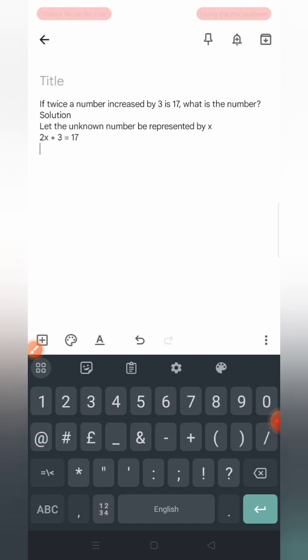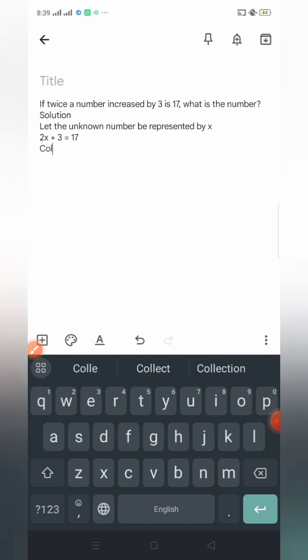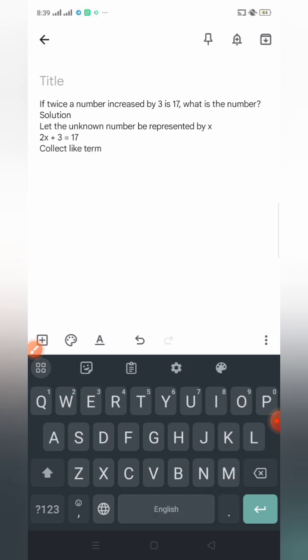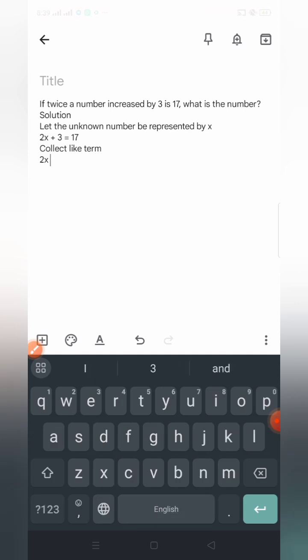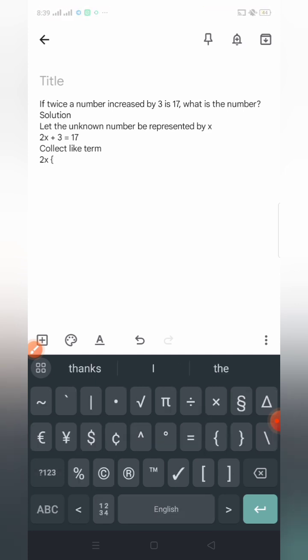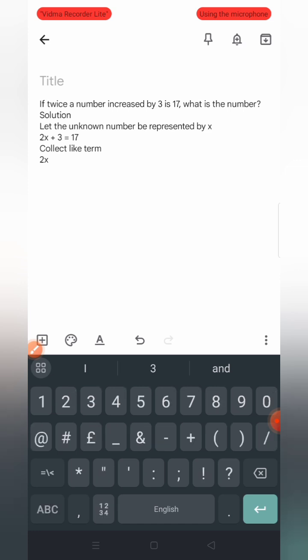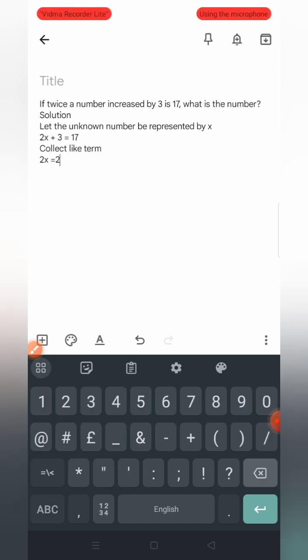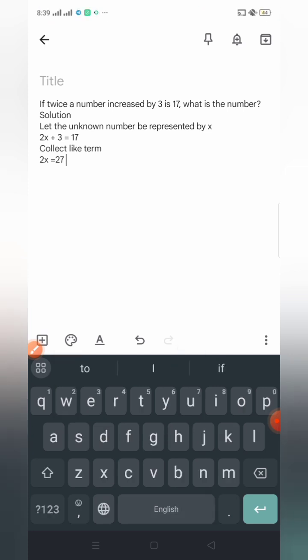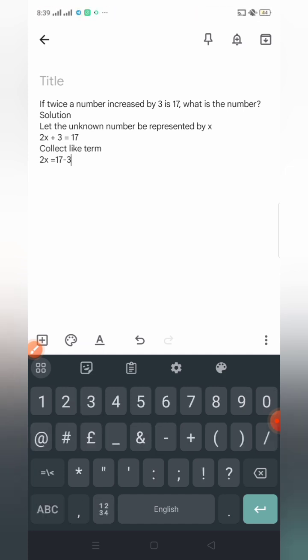From what we saw in the previous question, we want to collect like terms, and that will be 2x equals 17 minus 3.